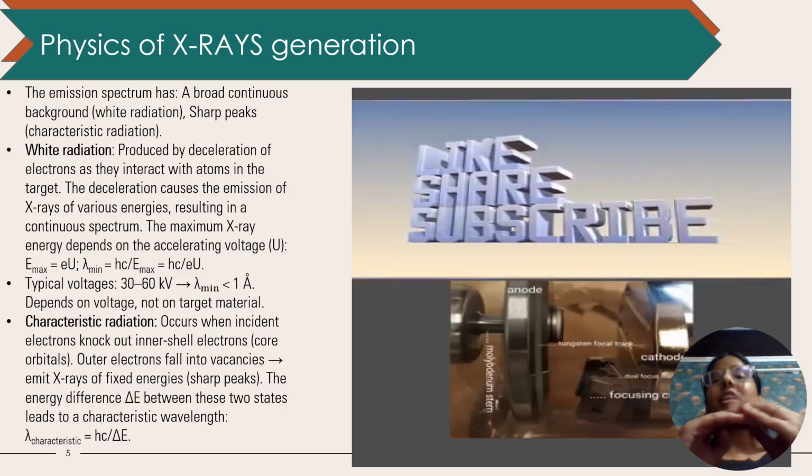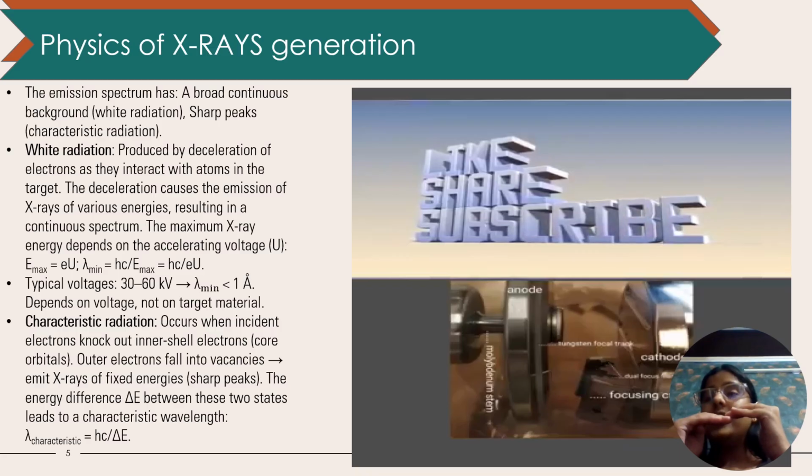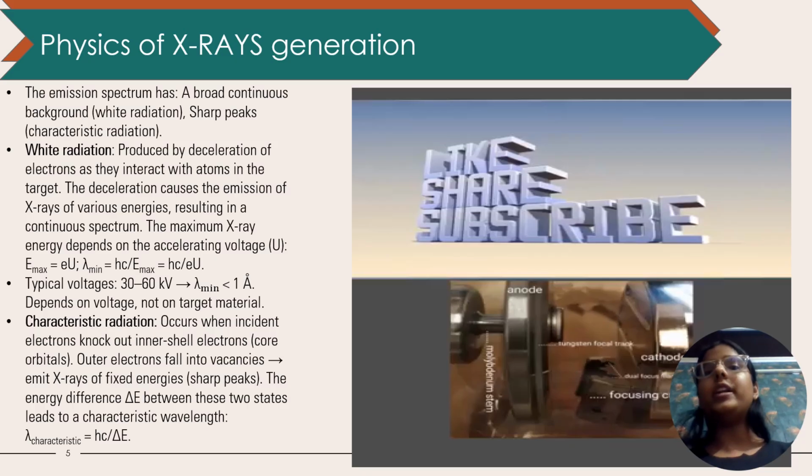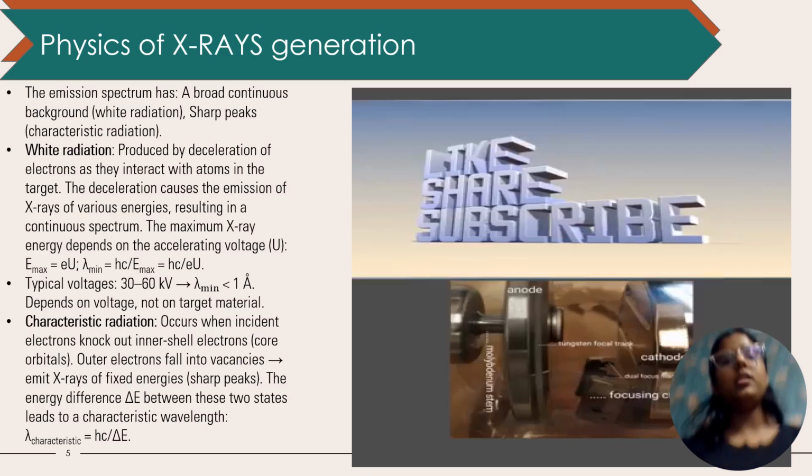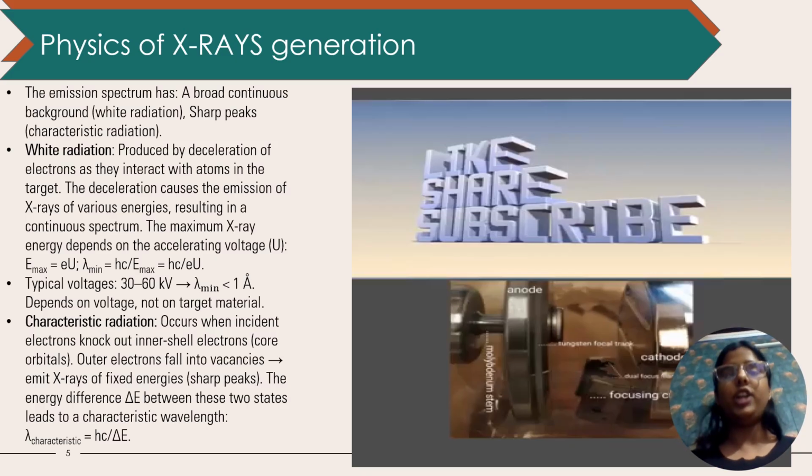It is called characteristic because the energy released is equal to the energy difference between the two orbitals involved in this transition. Because the energy involved is very precise, a precise wavelength is generated, giving rise to a sharp peak. That is why it is called characteristic radiation.